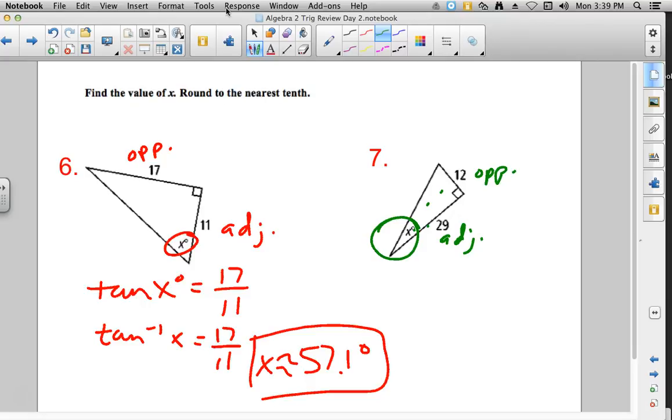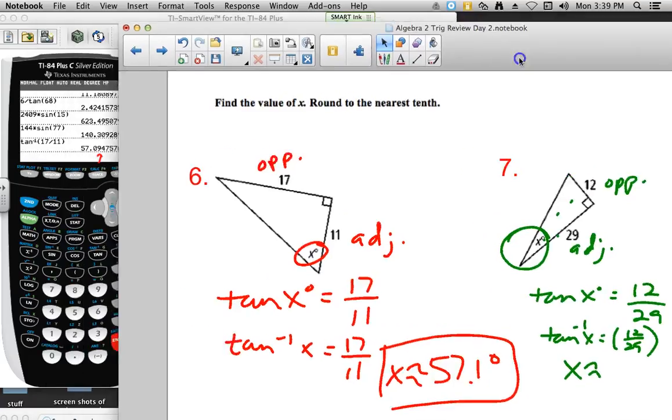So this one just happens to be another problem where we would use inverse tangent. But know that you could use inverse cosine, you could use inverse sine. It's all about what sides are involved. So the tangent of x degrees equals opposite 12 over adjacent 29. And now what we would want to do is use that inverse tangent key and figure out what our angle is.